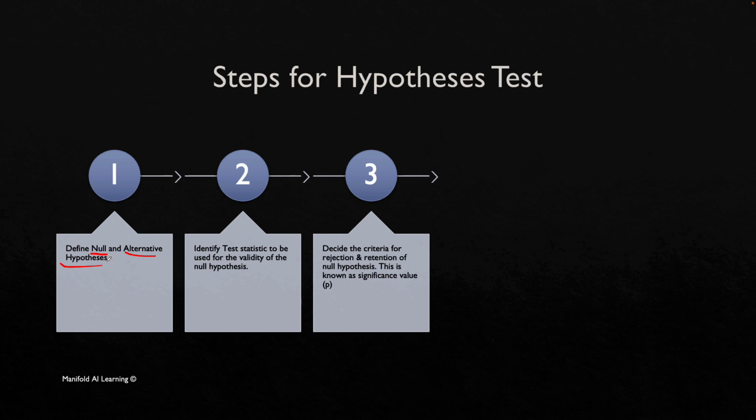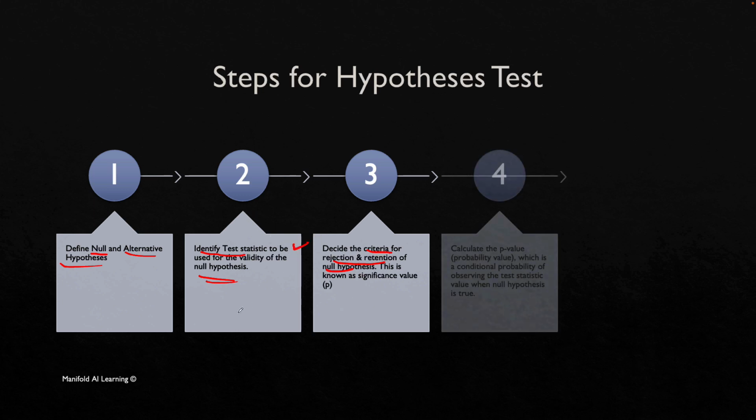Now, once we define the null and alternate hypothesis, we are going to identify the test statistic. Using this test statistic, we are going to decide whether the null hypothesis will be followed or whether it will follow the alternate hypothesis. Once we identify this test statistic, we also have to decide the criteria for rejection and retention of this null hypothesis for this selected test statistic.